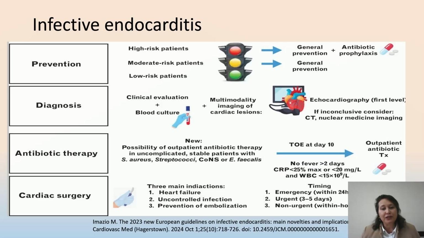In this patient, if they have had no fever for more than 2 days, if they have decreased C-reactive protein to less than 25% from maximum or less than 20 mg per liter, and white blood cells less than 15, in this case, we can recommend the patient continue antibiotic treatment ambulatory.